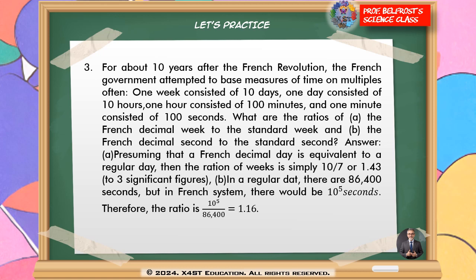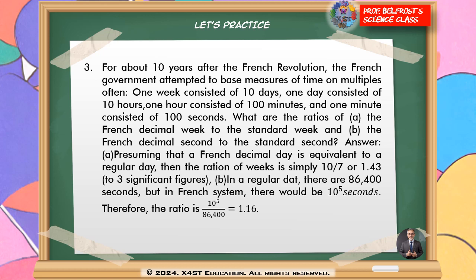For about 10 years after the French Revolution, the French government attempted to base measures of time on multiples of ten. One week consisted of 10 days, one day consisted of 10 hours, one hour consisted of 100 minutes, and one minute consisted of 100 seconds. So, what are the ratios of A, the French decimal week, to the standard week, and B, the French decimal second to the standard second?